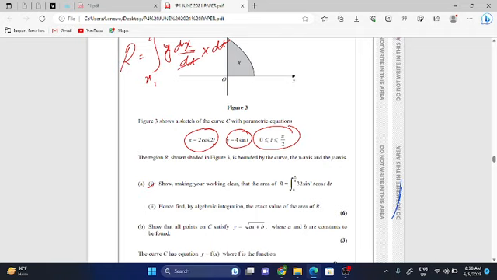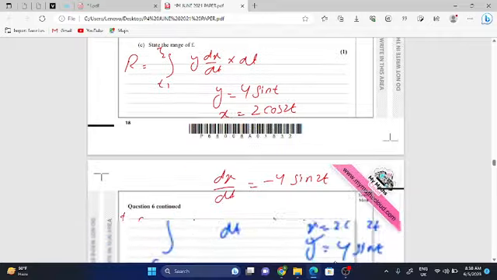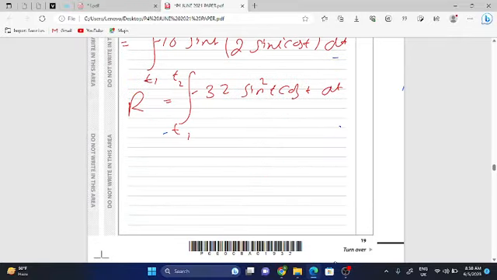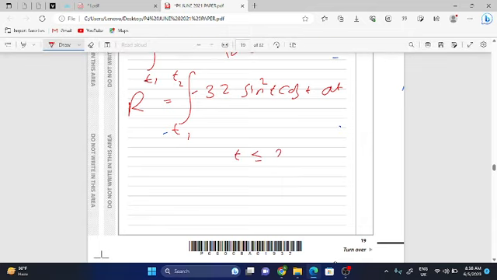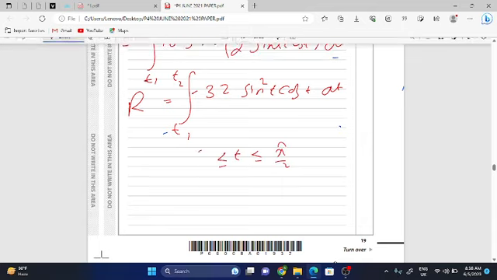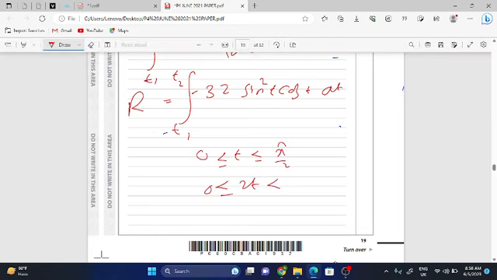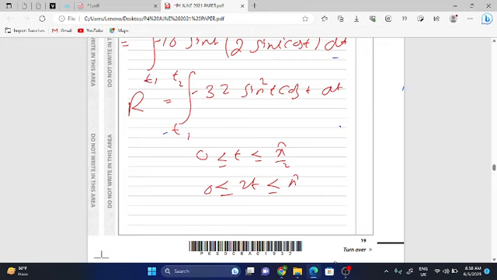Whenever it's 0 to pi by 2 for t, I have to find it for 2t first. So t is between 0 and pi by 2, and for 2t it would be 0 to pi.